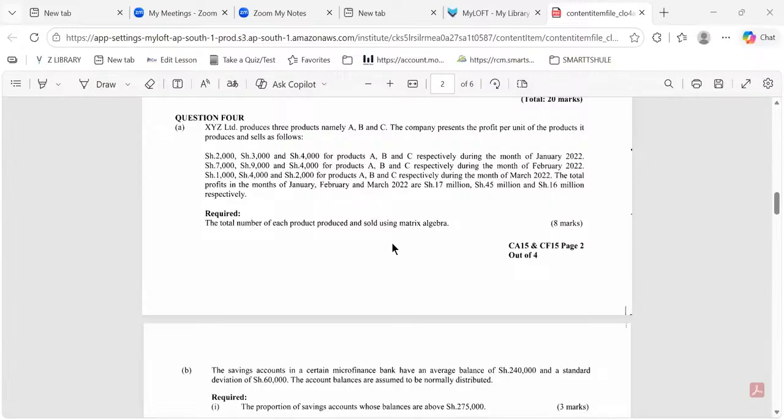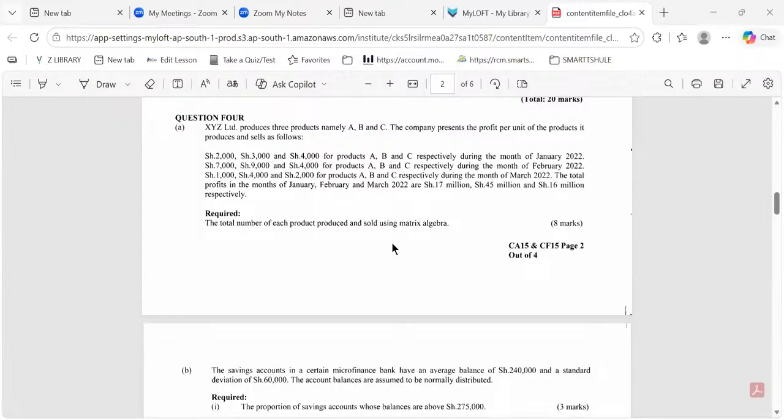So let the units of A be small a, units of B be small b, units of C be small c. Then the constants will be the profits, the 17 million, the 45 million, the 16 million.